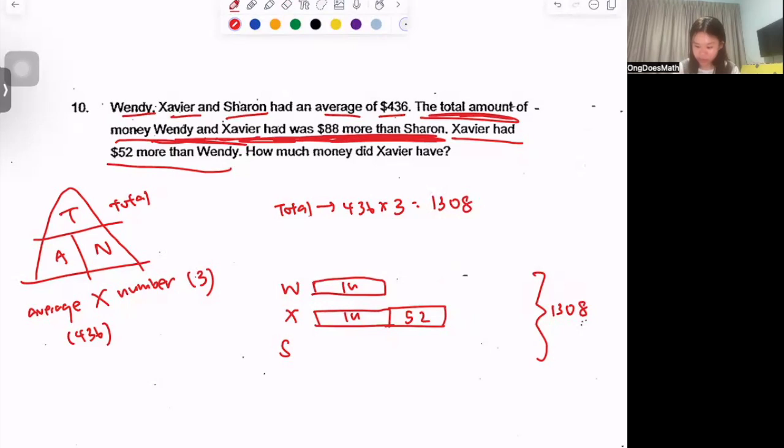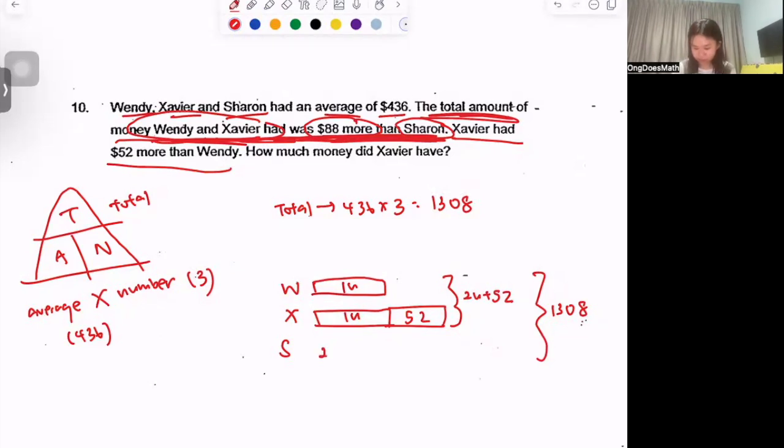So let's find out Wendy and Xavier had how much in total first. So Wendy and Xavier has 2 units plus 52 in total. And they tell you that it's 88 more than what Sharon has. Which means that Sharon has $88 less than what Wendy and Xavier had combined, right?